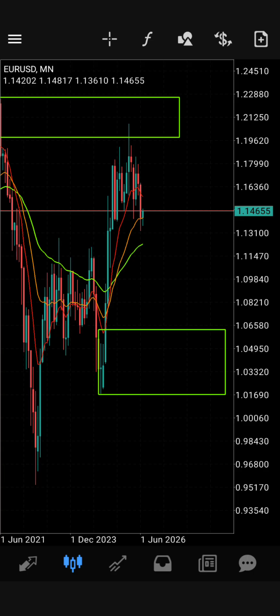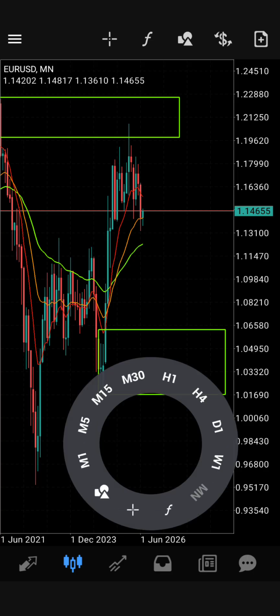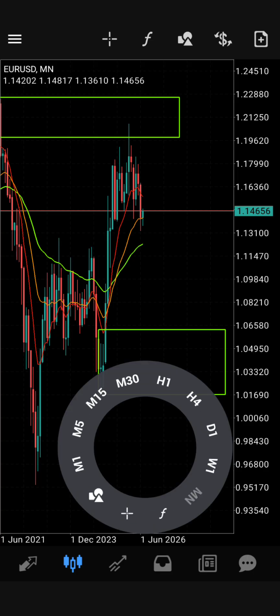Now that we know that the monthly is in a downtrend and also is in control, what we do next is now we use our time frame alignment rule to look for entries, right? So because we don't enter on the same time frame that we analyze on. Now for the monthly, we do use the daily.